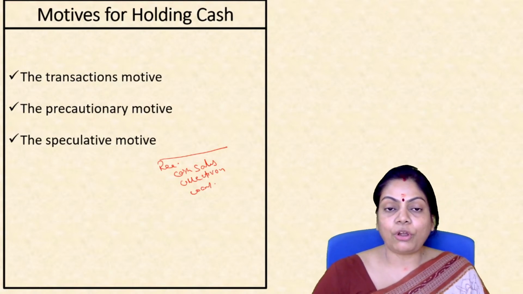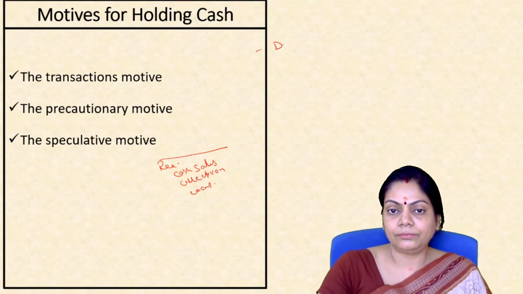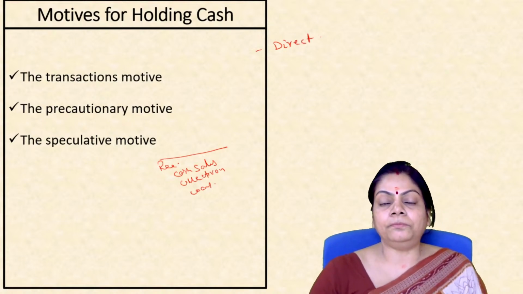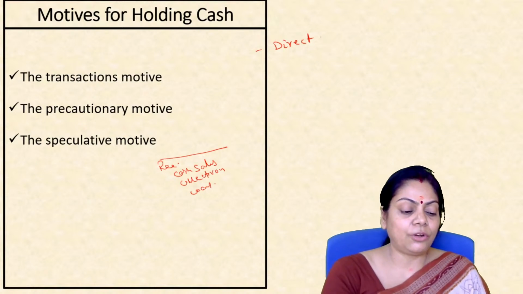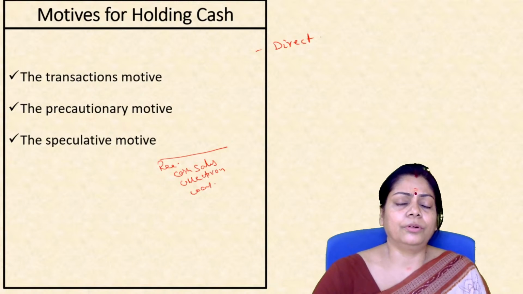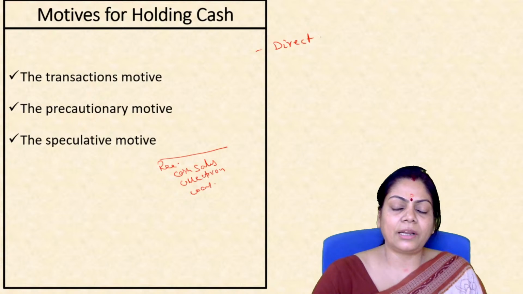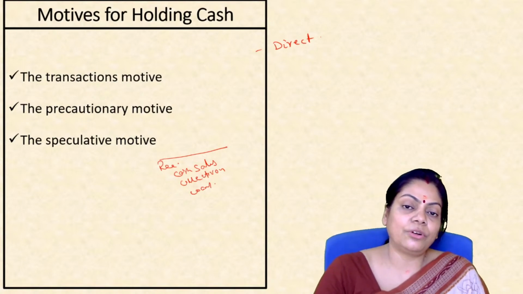Now, when we talk about the methods of forecasting, you can have a direct method. In a direct method, you just look at what you did in the last year, refer to that particular figure, and then forecast. You probably add a little bit of percentage on the last year's figure.